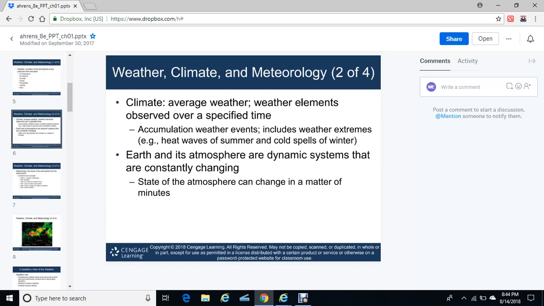An example of this would be a tornado, or a thunderstorm: maybe the day started out nice and sunny, but as the day progressed, next thing you know, you see a wall of darker clouds starting to move into the area, and you've got a severe thunderstorm, and perhaps it produces one of nature's most violent storms, the tornado. So keep in mind that Earth and its atmosphere are dynamic systems. They're constantly changing. That's what makes weather forecasting so challenging.